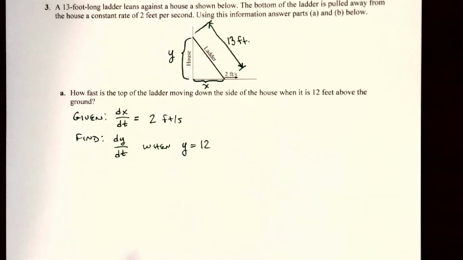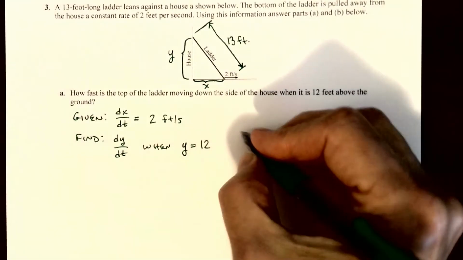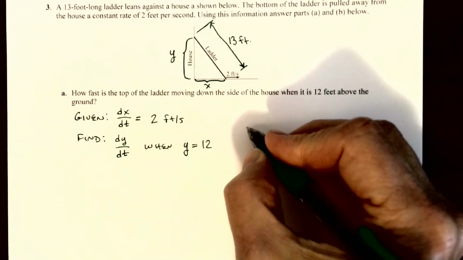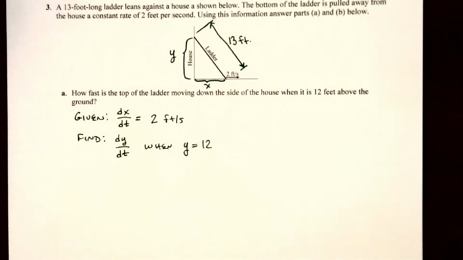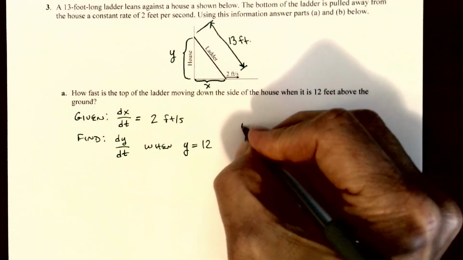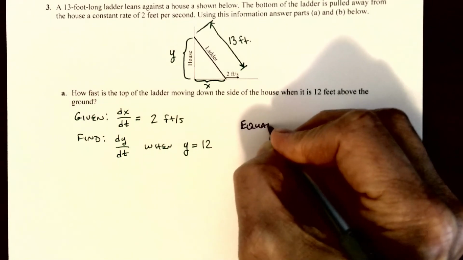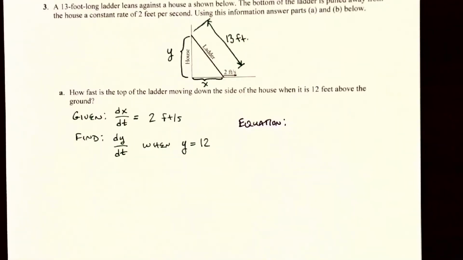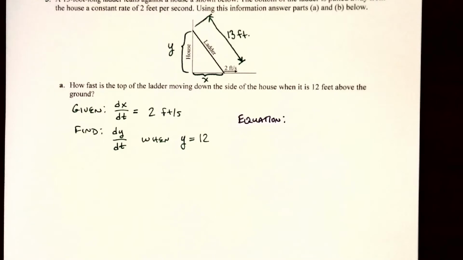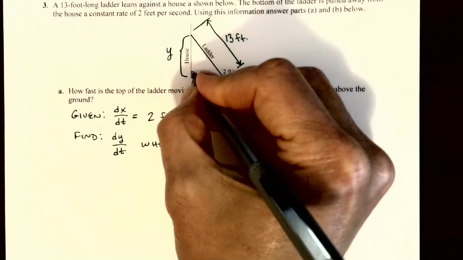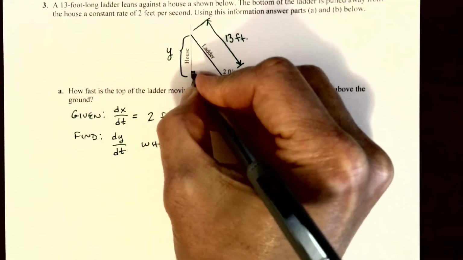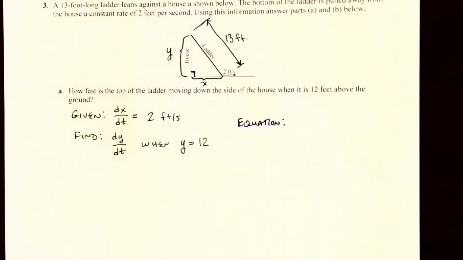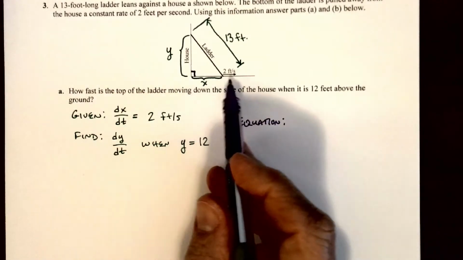Okay. So what is the equation we're going to use to find the related rates equation? What is the equation that relates these variables of interest? Well, I hope you see we have a right angle here, assuming the house is 90 degrees with the ground.